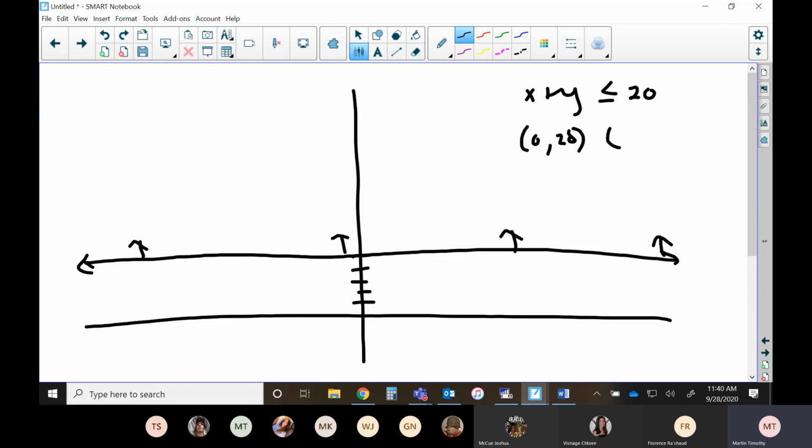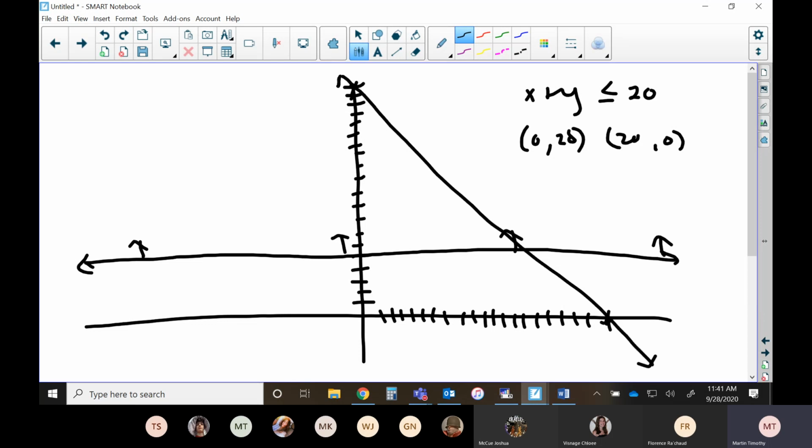If I plug a 0 in for y, I get a 20 out for x. So 5, 6, 7, 8, and so on up to 20, and 1, 2, 3, and so on up to 20. And it's a solid line.